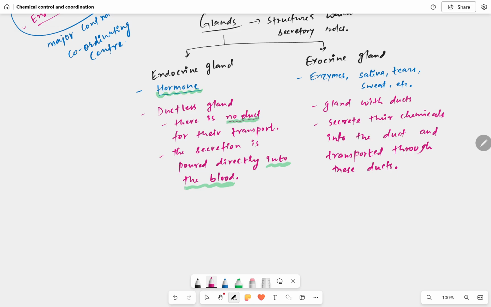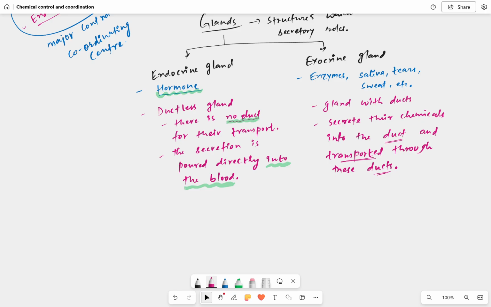Whether the secretion is enzyme, saliva, tears, etc., it is secreted into the duct, and through this duct the chemicals are transported to their target. So this is the basic difference between the endocrine and exocrine gland.